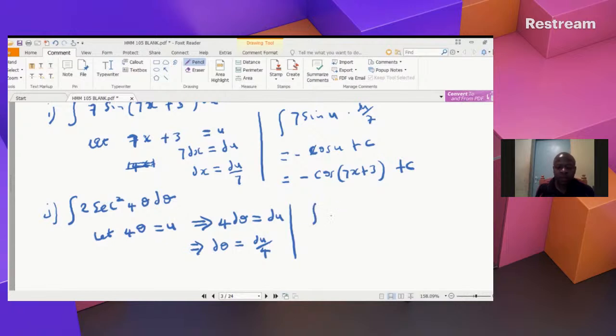So now it is the integral of 2 sec squared. Instead of 4 theta, we call that u. And instead of d theta, we call that du out of 4.